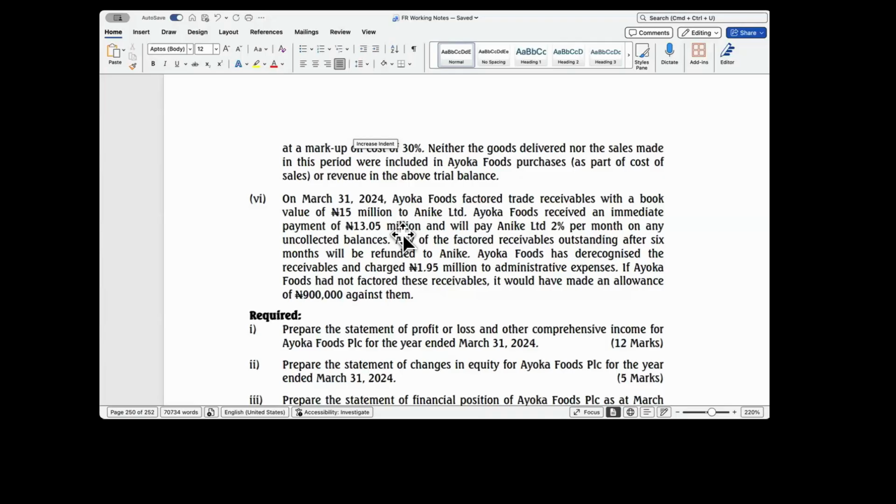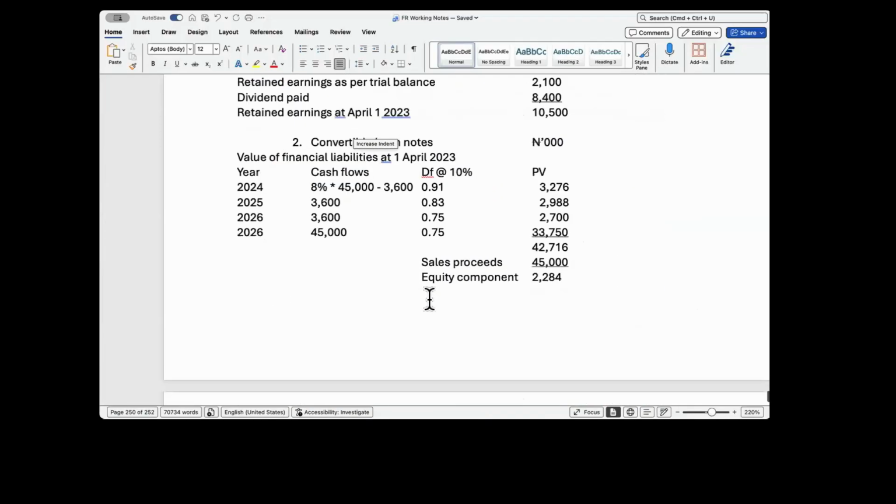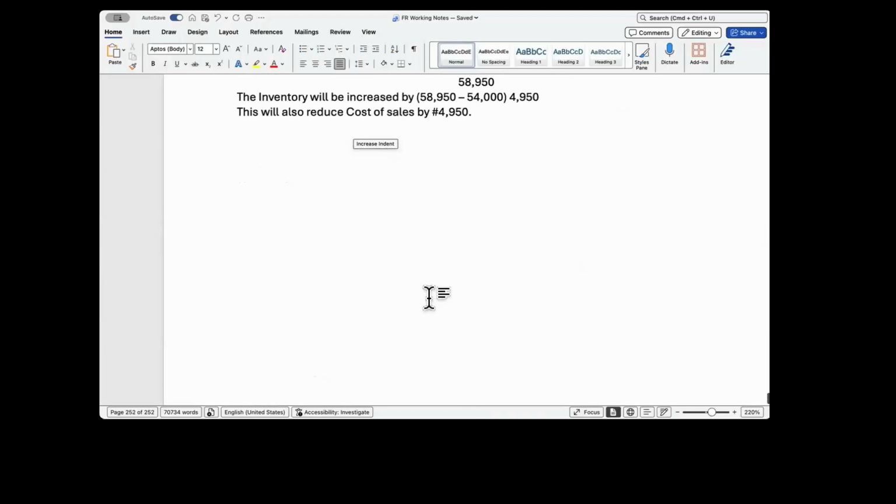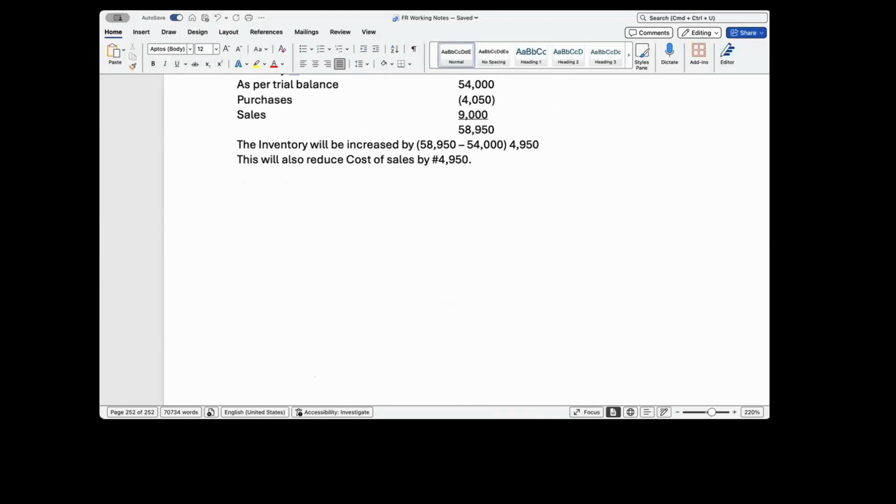And also, this 1.95 that's recognized as admin expense, no, it's not an admin expense. It is in fact a finance cost. But this kind of finance cost is not one you recognize one-off. It's a finance cost that is recognized over the period of that arrangement. So we need to remove this 1.95 from admin expense. And those are the adjustments that need to be made here on these trade receivables.